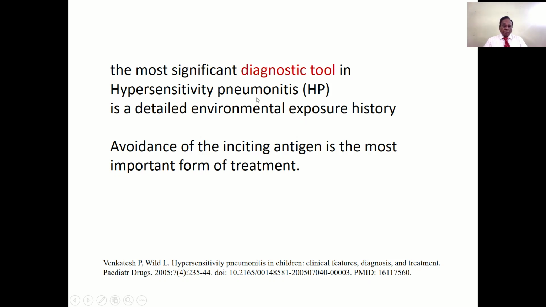All these can lead to hypersensitivity pneumonitis. What they say is that avoidance of the inciting antigen plays a very important role. Whenever you strongly suspect hypersensitivity pneumonitis, you advise them to get away from the inciting antigen. That is not only a confirmatory diagnosis, but also makes them get away from this illness.